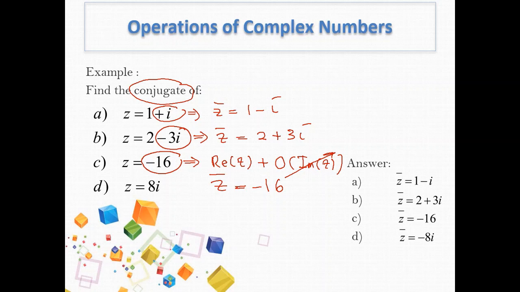While for D, we have 0 for the real part, but we have 8i for the imaginary part. Since conjugate involves changing the sign of the imaginary part, this will change positive 8i to negative 8i.